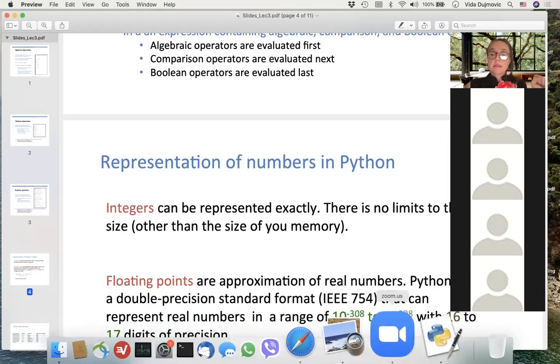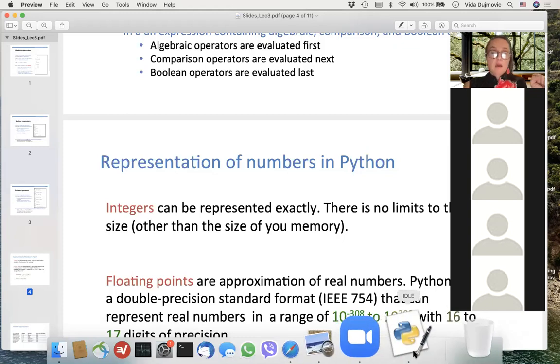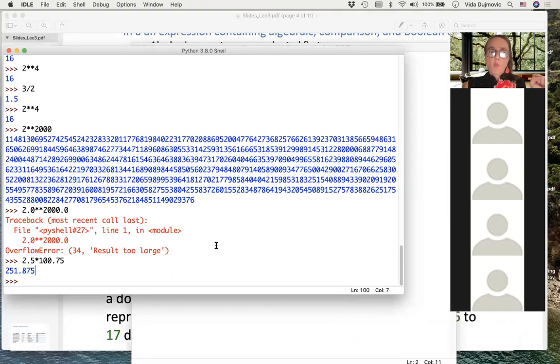So first off, you may wonder why we represent integers exactly. Why did we make that choice?